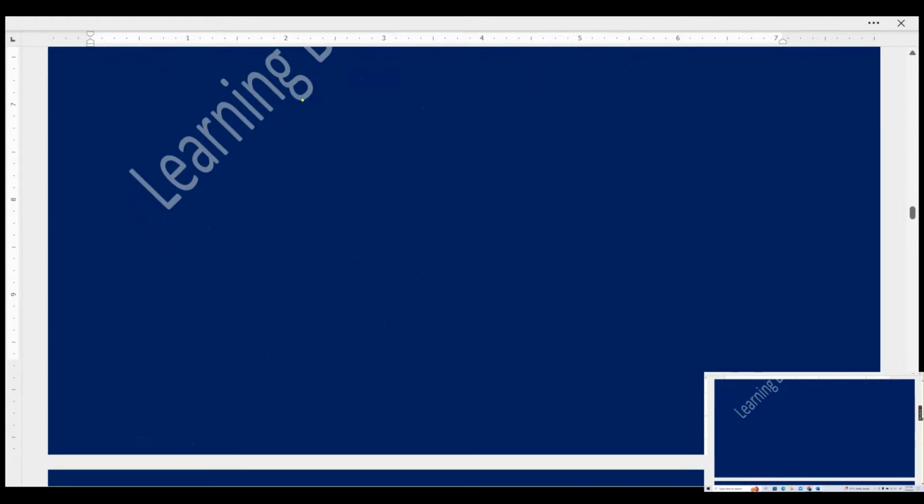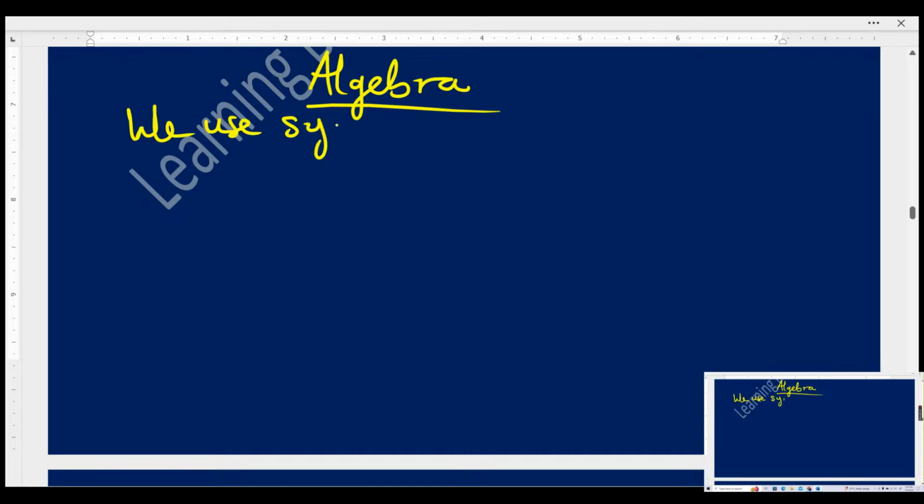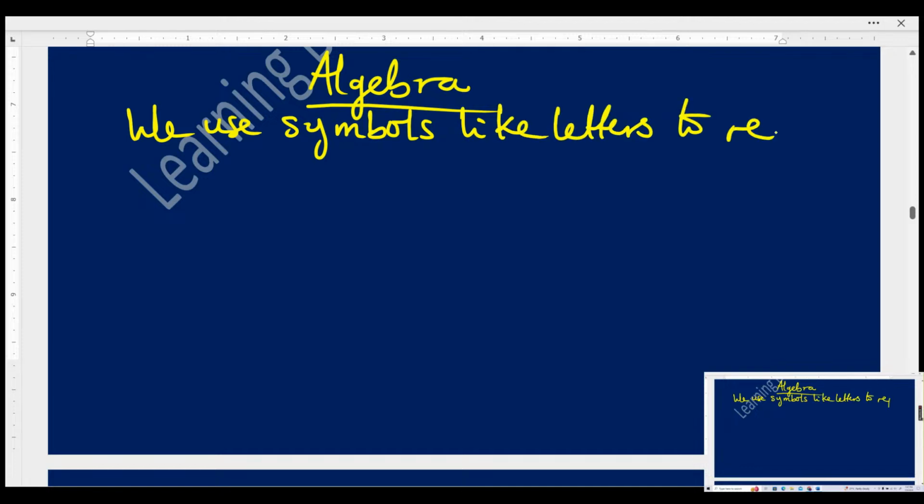Algebra has to do with using terms, signs, and letters to represent numbers. In algebra, we use symbols like letters to represent numbers.